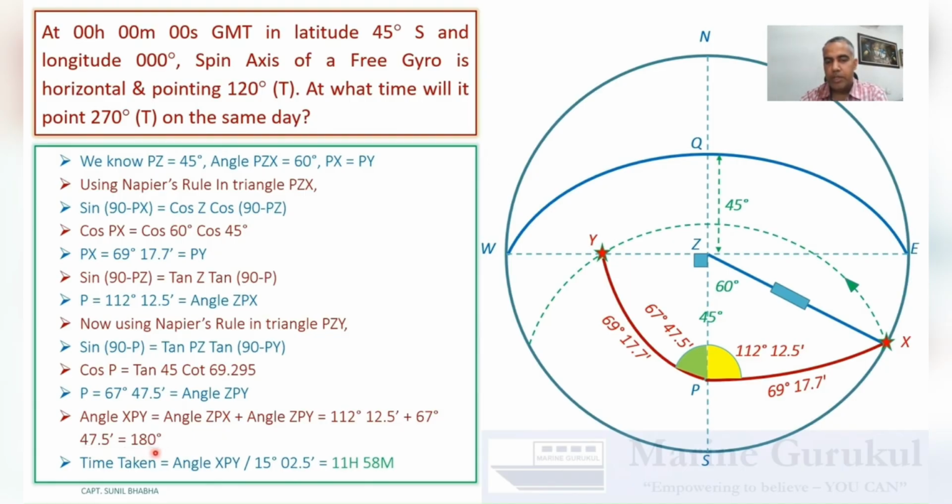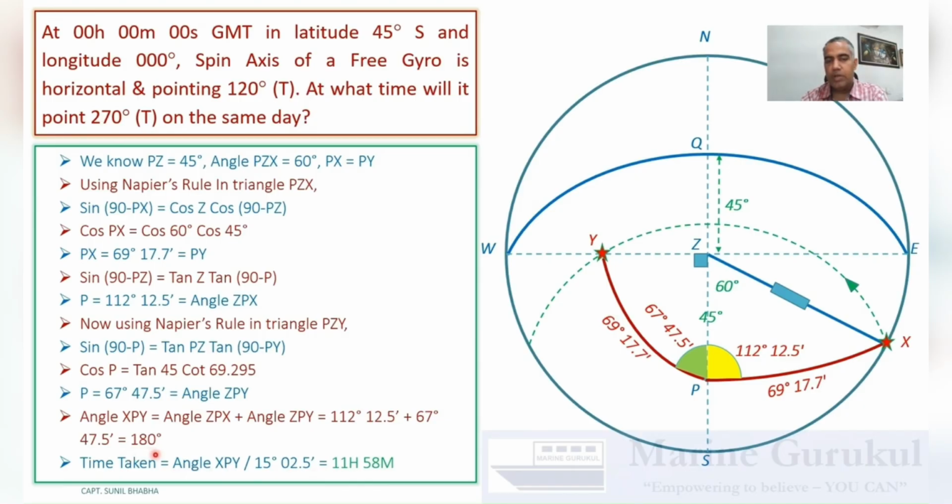Now this 180 degrees is the R angle covered by the star when it is moving from point X to point Y. The star has covered an R angle of 180 degrees. Now we know that all the stars cover their R angle at a fixed rate, and that rate is 15 degrees 2.5 minutes per hour. So to cover this R angle of 180 degrees at a rate of 15 degrees 2.5 minutes, we can easily find out the time taken by the star.